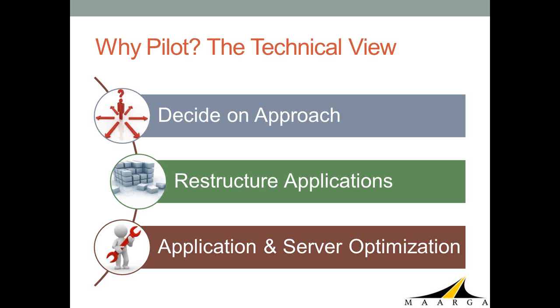So it's not just optimization of the server parameters, it's also optimization of application parameters. What can I pull out and make into a central library? What kind of business logic can be completely reused? How can I reuse some of the agents that I already have? It doesn't make sense to rewrite any of these. So it's a good place to think through some of these, have a clear idea about how it's going to be done, and then take it through to execution. So it's a good reason to pilot again.